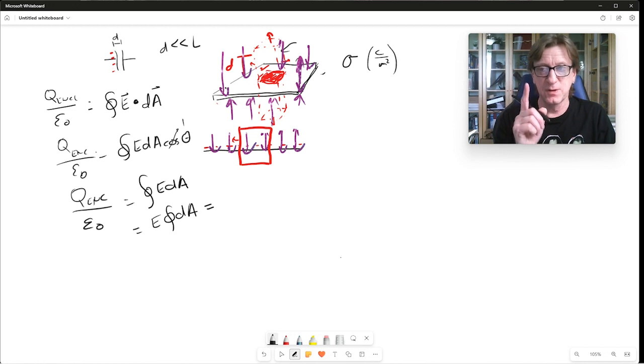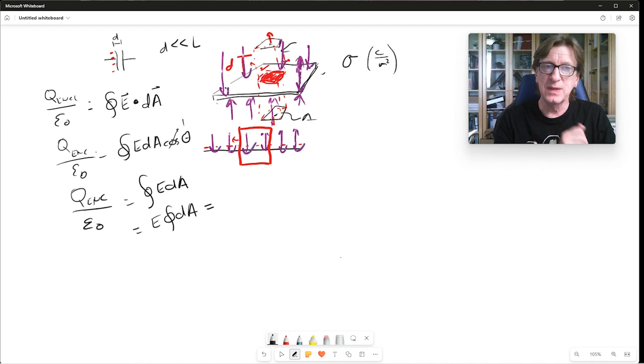Be very careful. This is the total area of the Gaussian surface. But I have one here and one here. So I actually have two of those areas. And these areas, by the way, are the same as the area that it's crossing the main plate with. So I've got this area and I've got this area. If I call this A, then I must have two of them.